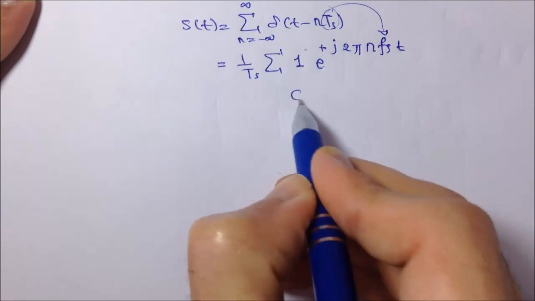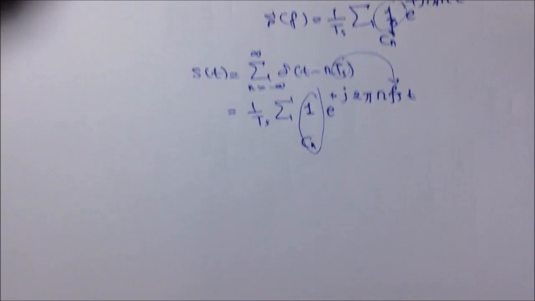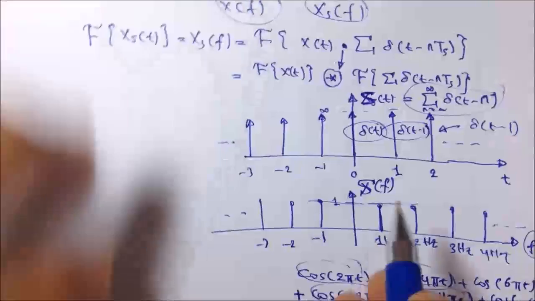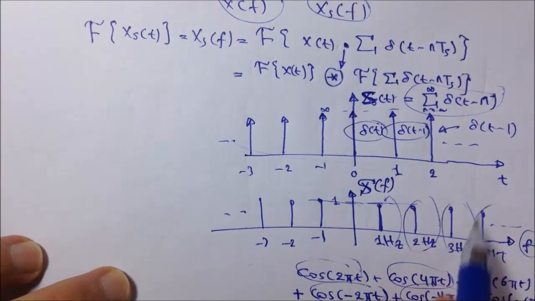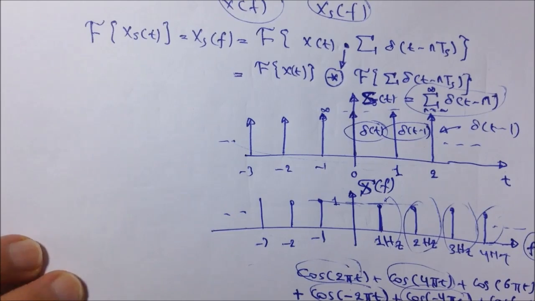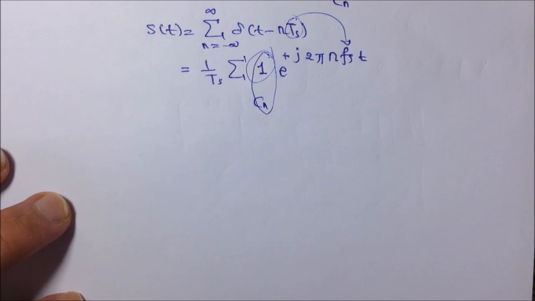So Cn is equal to 1, C sub n equal to 1. I mean, the magnitude of all these frequencies is 1. 1, 1, 1, for all n values. So that is Cn equal to 1.